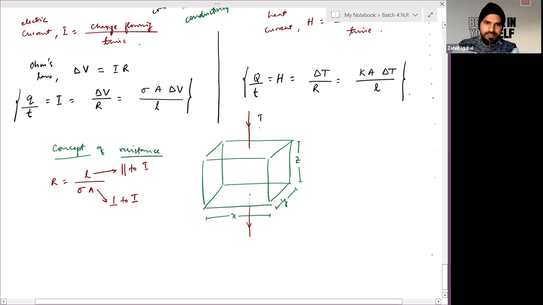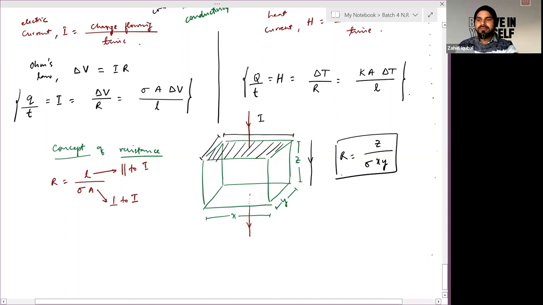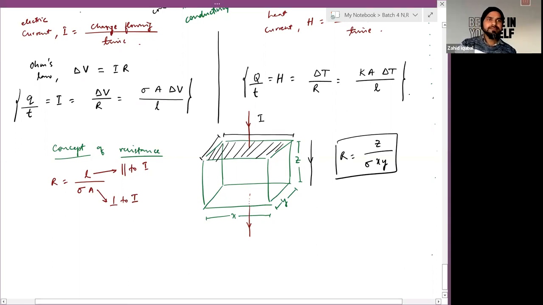Just see, this particular is the direction of flow of current. So the dimension which is parallel to this must behave as length. So this will be Z. And the surface which is perpendicular to the flow of current, it means this particular part, having length X, breadth Y, the area of this surface will be X times Y. So resistance in terms of this particular object will be Z divided by sigma X into Y. Raza, is it clear?